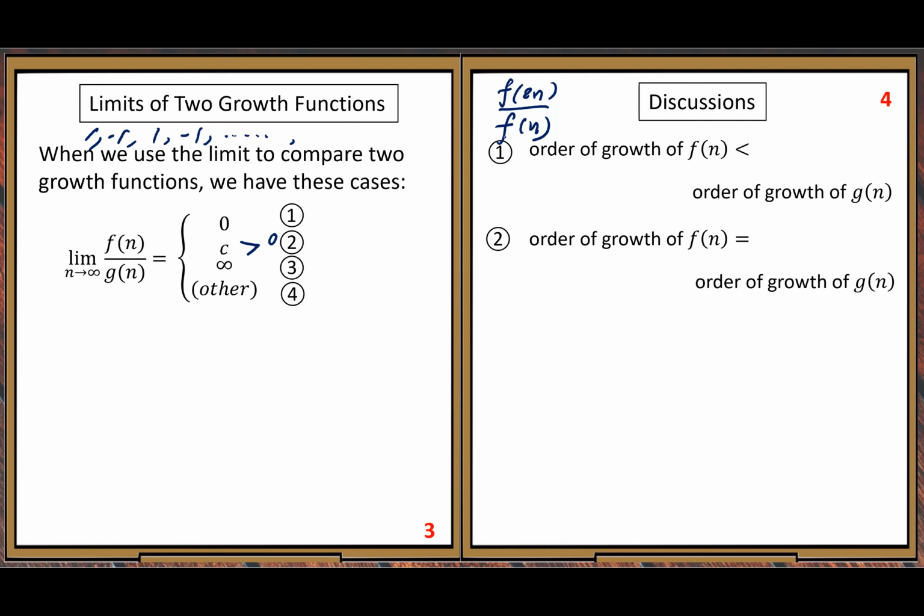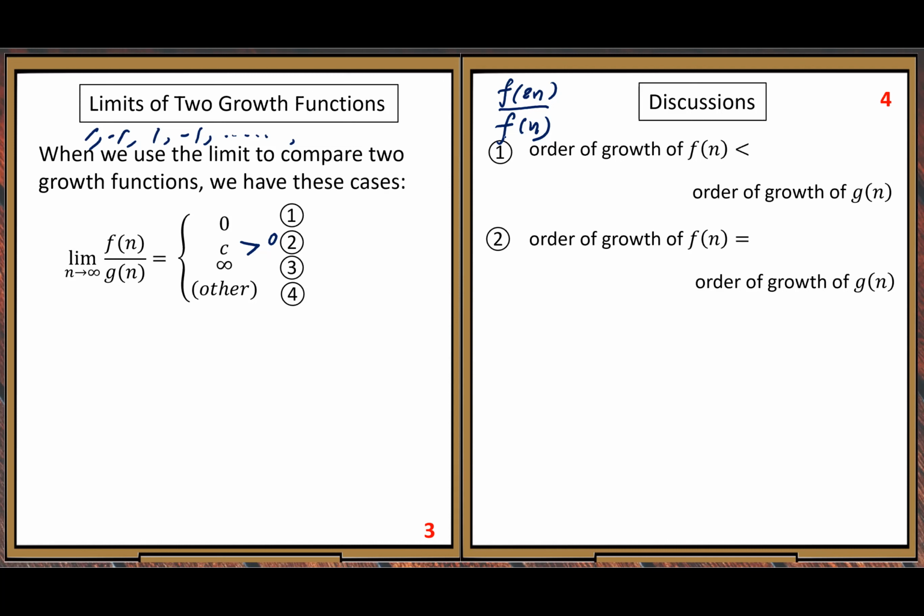So that's why we only care that the constant is non-zero. Other than that, the value after cancellation is not important. I hope you understand case number 2: same order of growth.